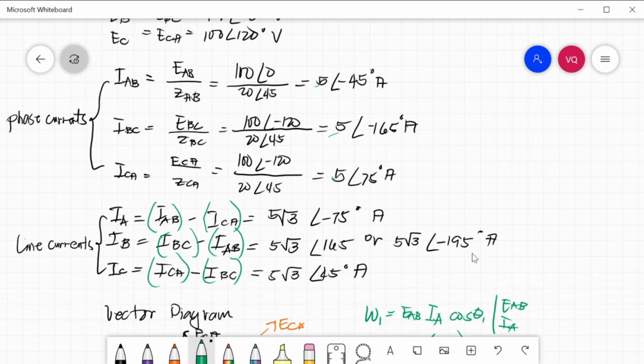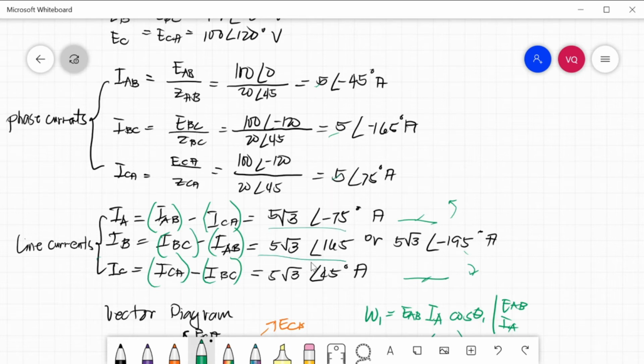Or you can get the corresponding angle, this one is in anti-clockwise so you get a positive, and this one is in clockwise direction. So, either of the two is fine.